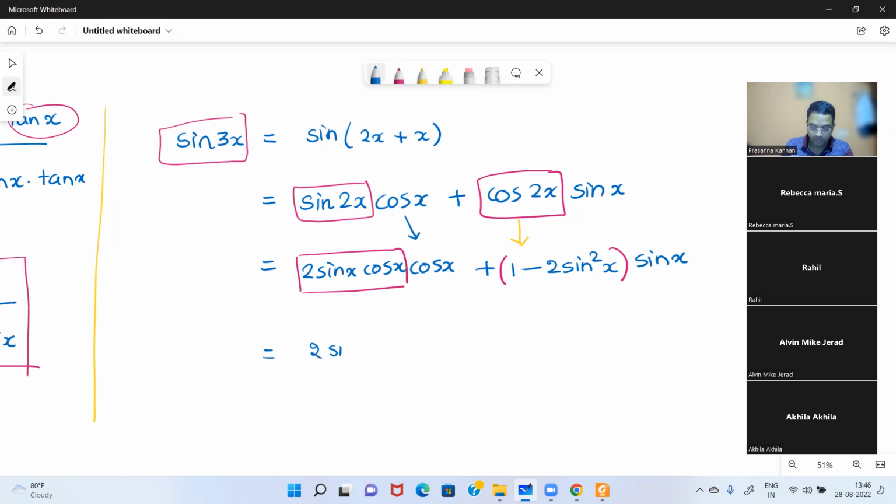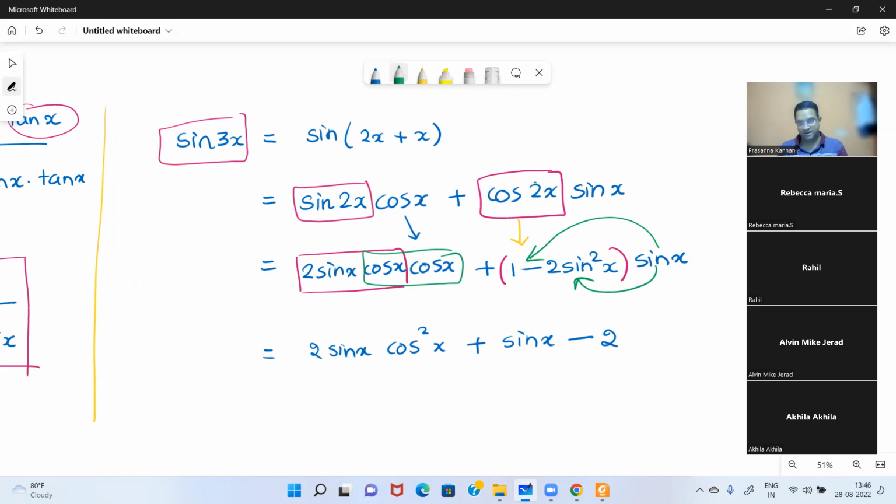Yes, sir. So this will become 2 sin x into cos x into cos x, which is cos square x, plus sin x into 1, that will be sin x, minus 2 into sin x into sin square x, which is sin cube x. Correct.